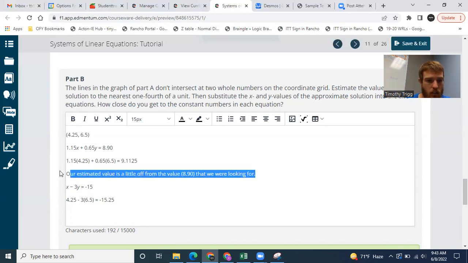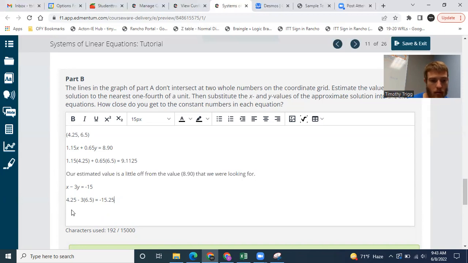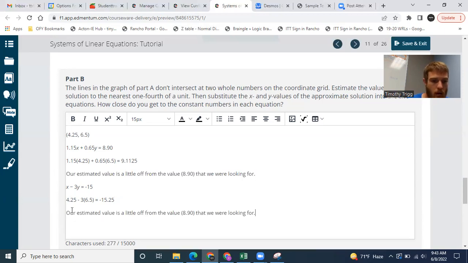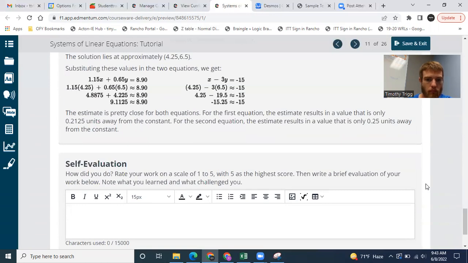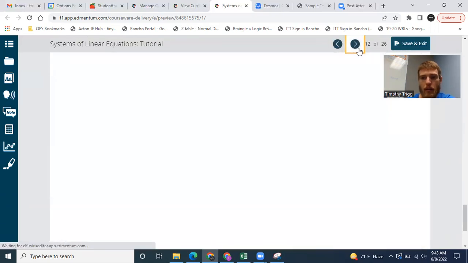We could basically just say this again, but I'll change this value to negative 15. All right. That looks pretty good. All right. Once you're done with that, let's move along.